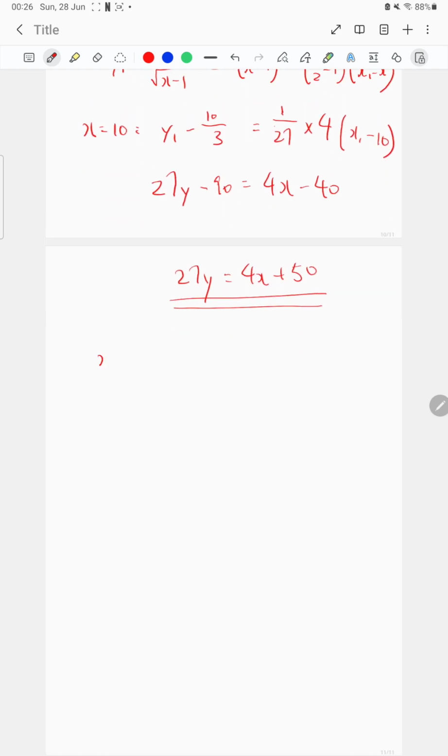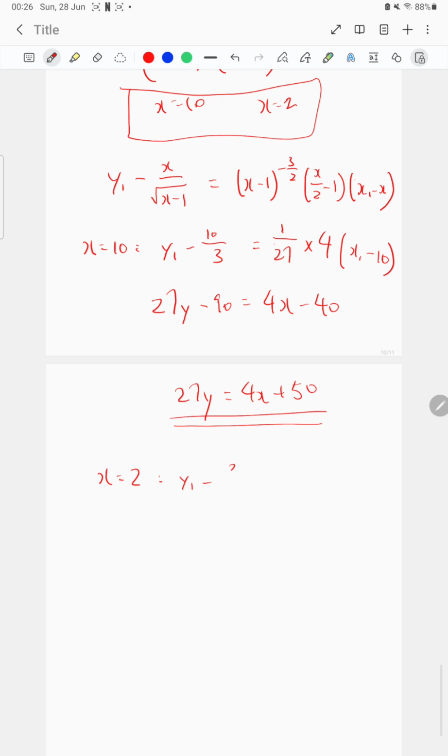The second equation is when x equals 2. So y1 minus 2 over the square root of 2 minus 1, which is 1. That's just 2 over 1, so it's just 2, equals 2 minus 1 to the power of negative 3 over 2. That's just 1 to the power of negative 3 over 2, but 1 to the power of anything is still 1.